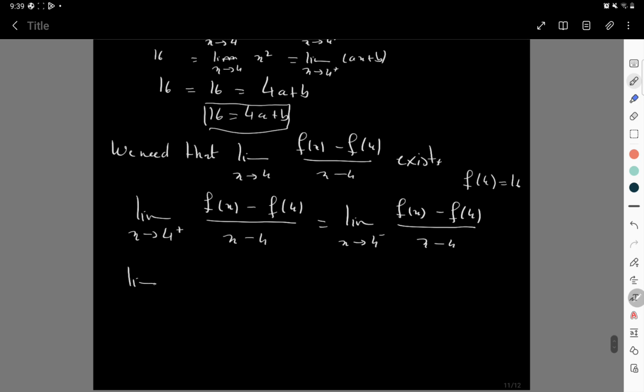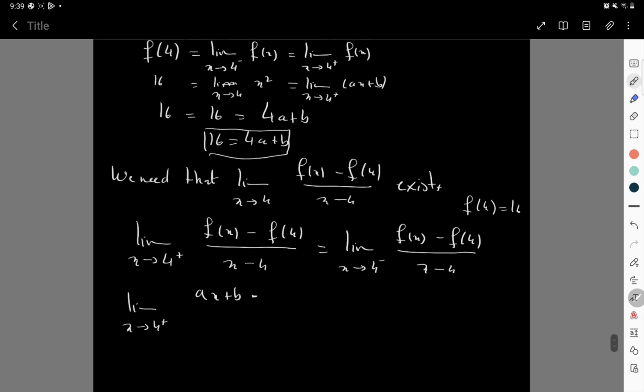So if x goes to 4 plus, f of x is what? It is ax plus b. And f of 4, so notice that f of 4 is 16, is 4a plus b. So it's better here to replace 16 by 4a plus b, just because I have a lot of unknowns.